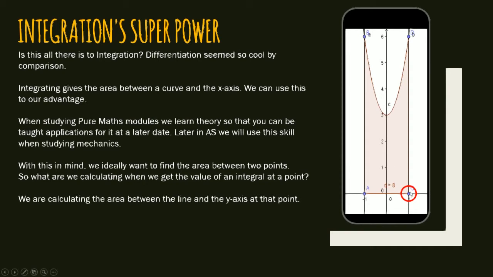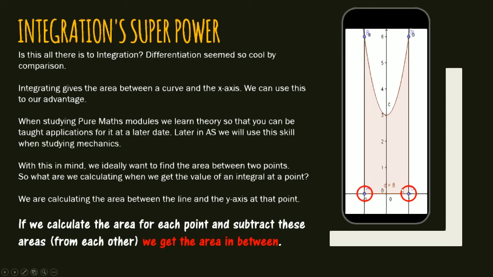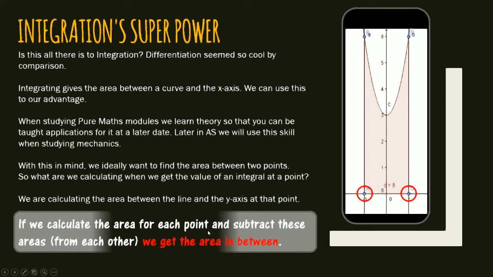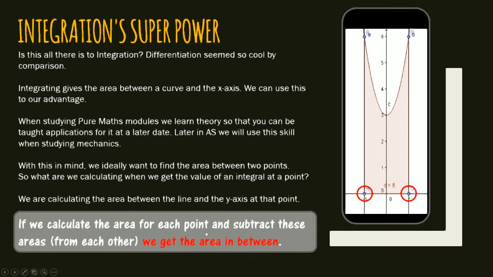If we take the value of the integral there, so we integrate and substitute our x value in for 1, and we'll do the same with minus 1, and we'll subtract the 2, we'll get the area that's contained between these 2 points. So if I calculate the area for each point and take one away from the other, so I've got the upper limit take away the lower limit, we get the area in between.